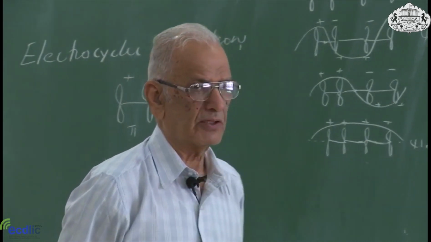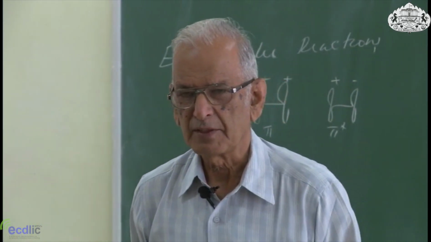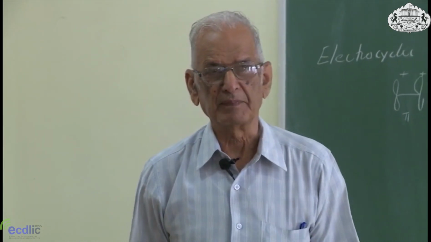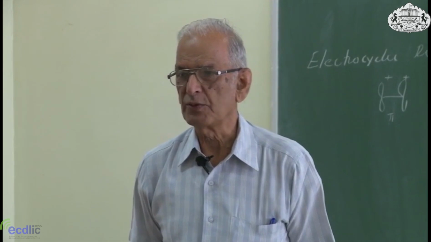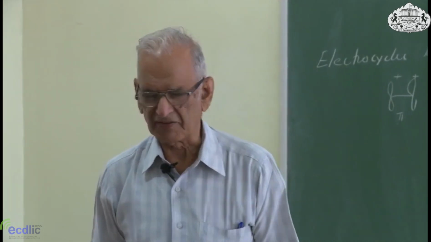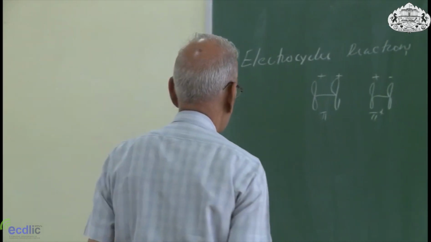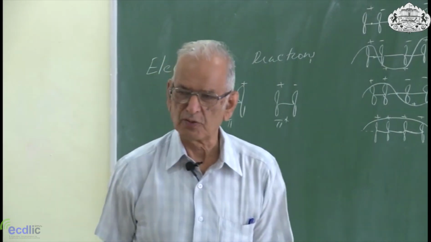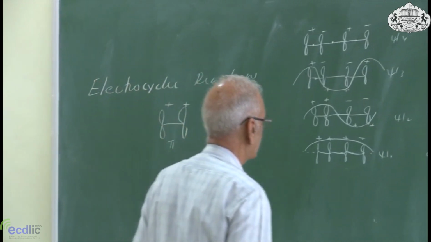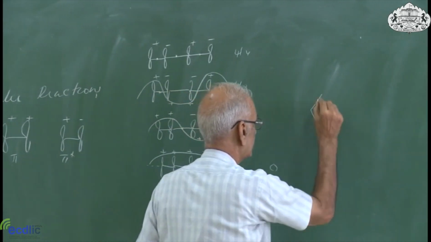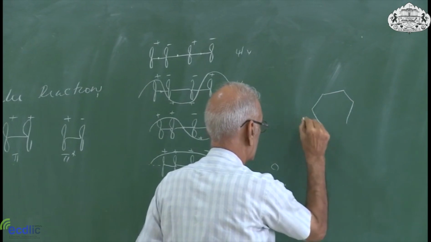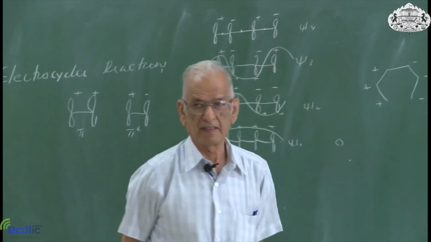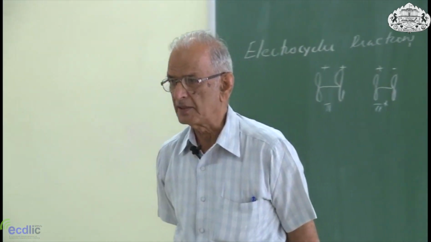Why did we introduce the concept of nodes? Because when we want to write hexatriene, we have a problem. How are we going to combine to get hexatriene? So, in the hexatriene picture, we have to use the concept of nodes. Okay. If I look at these orbitals, what is this?